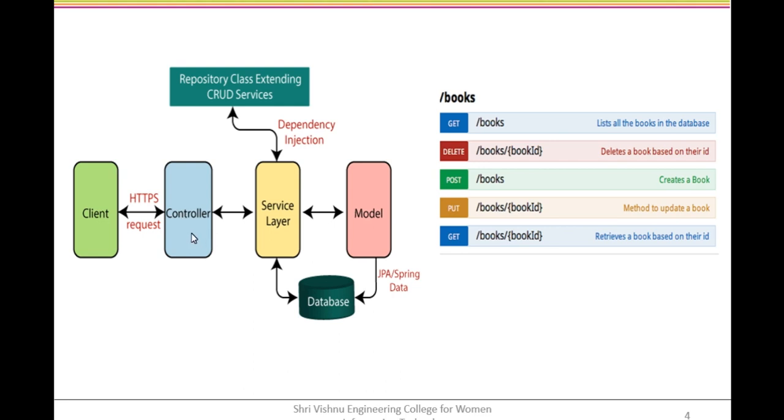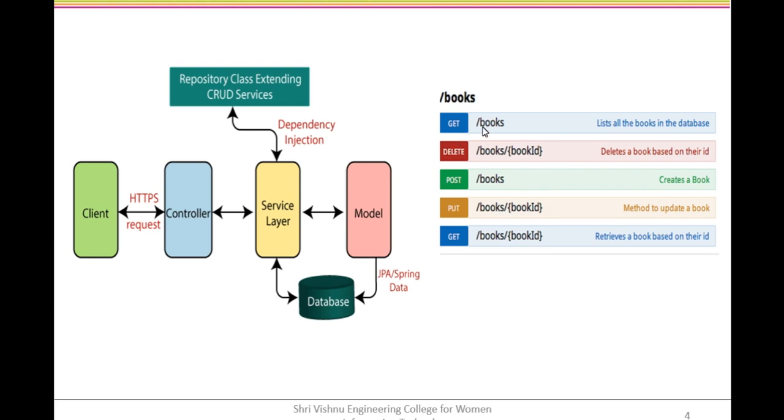The controller class contains different kinds of methods corresponding to each HTTP URL, and these methods will call the service layer object methods, in which the model layer objects will be used as resources exposed to the client. So this is the main area of RESTful API application architecture in Spring Boot, and this will be reflected on the books database.